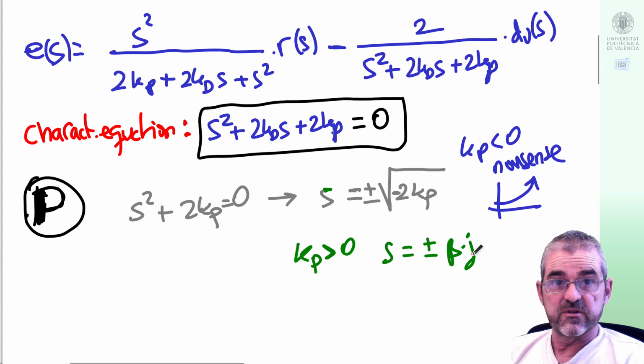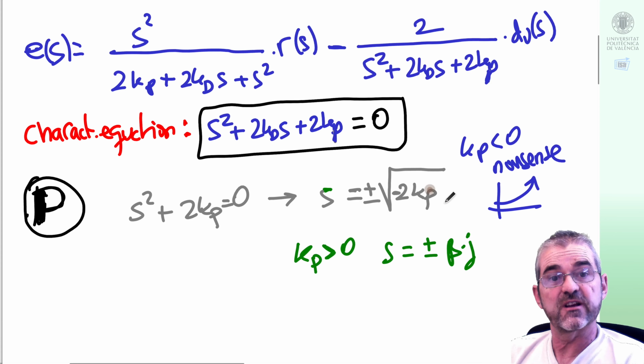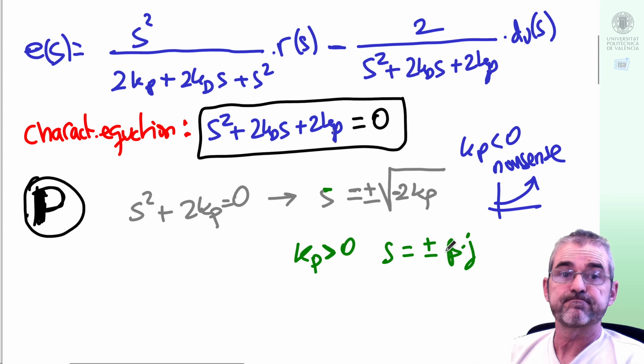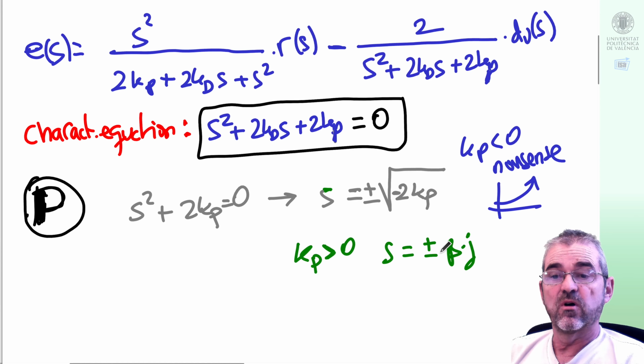Indeed, the frequency of the oscillations, beta in radians per second, is proportional to the square root of the proportional gain. So this is the theoretical justification of the behavior we saw with proportional control in simulation.